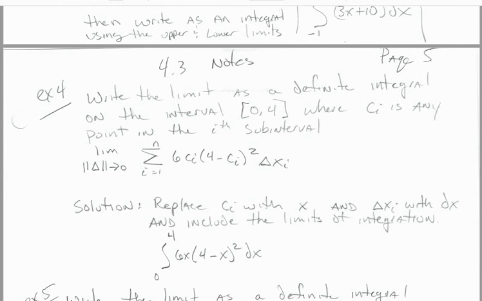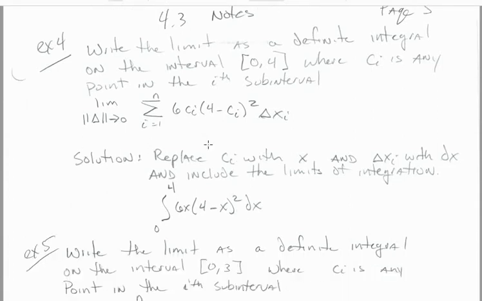We want to write the limit as a definite integral on the interval from 0 to 4, where ci is any point in the ith subinterval. So we're given the limit as the norm goes to 0 of the sum from i equals 1 to n of 6ci times the quantity 4 minus ci, quantity squared, times delta xi.